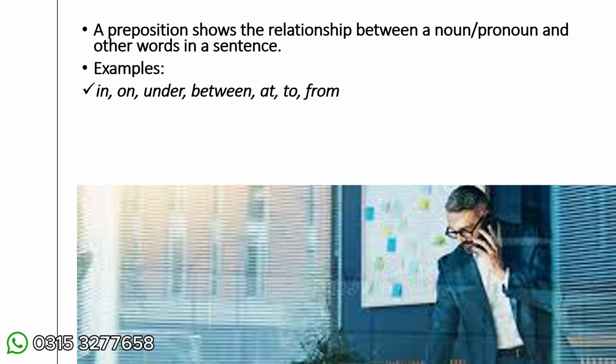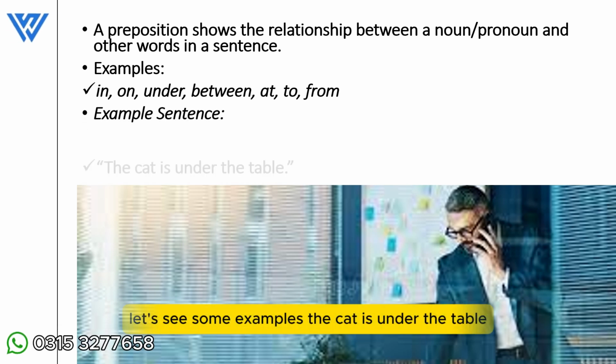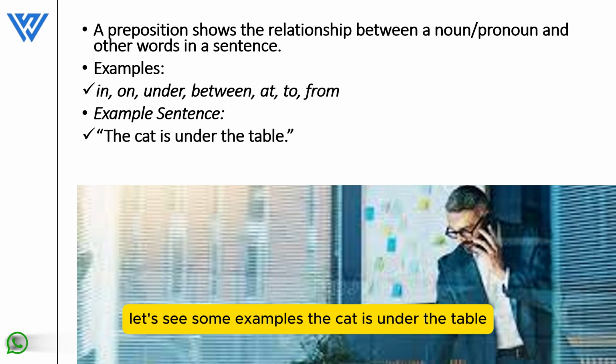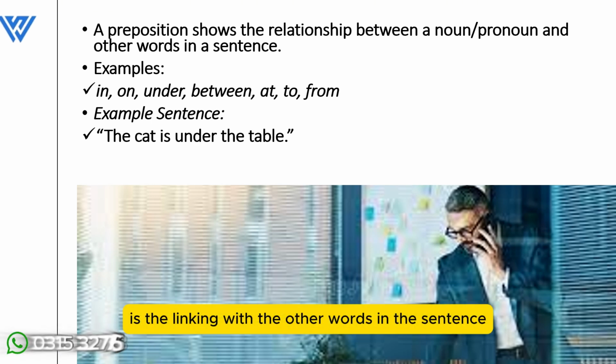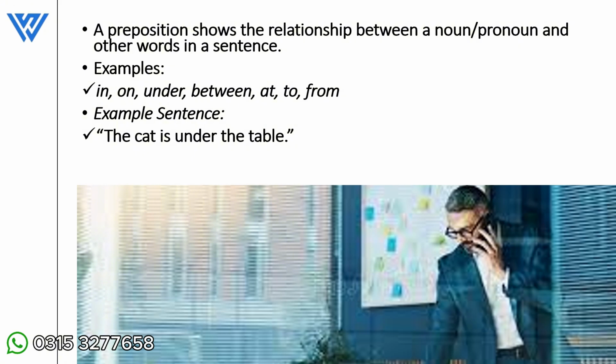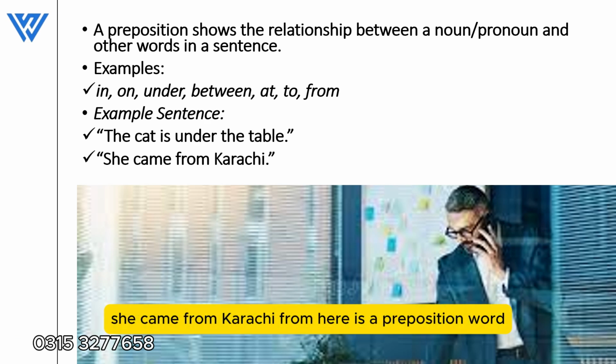There are a lot more prepositions as well. Let's see some examples. The cat is under the table. A cat is the noun and under the table is the linking with the other words in the sentence. कहाँ पर है? टेबल के नीचे है cat. She came from Karachi. From here is the preposition word.